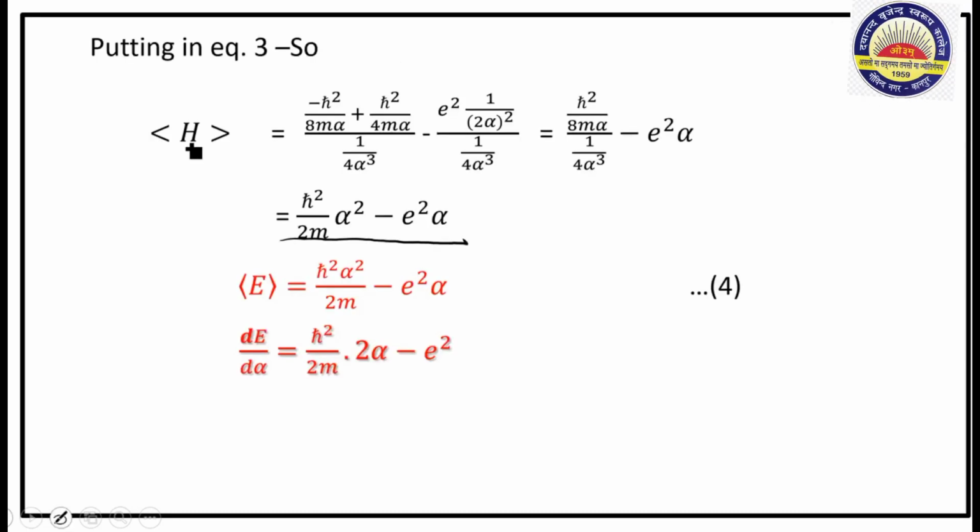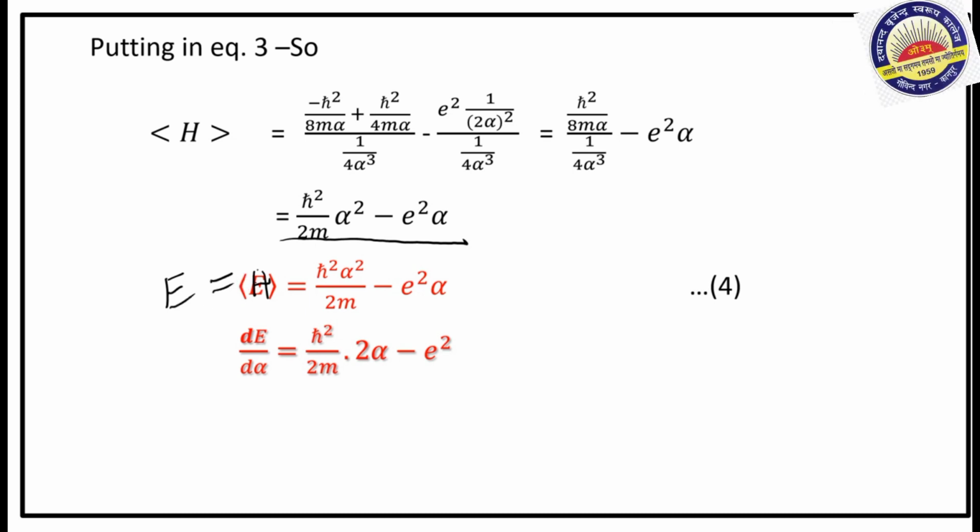The expectation value of H can be written as E. E is equal to h cut squared alpha squared by 2m minus e squared by alpha.